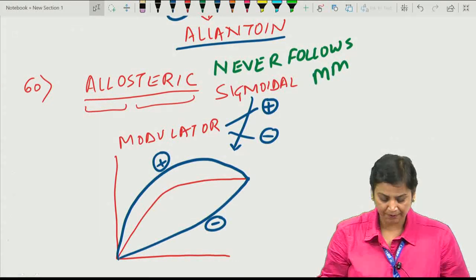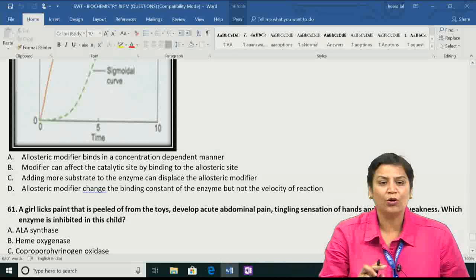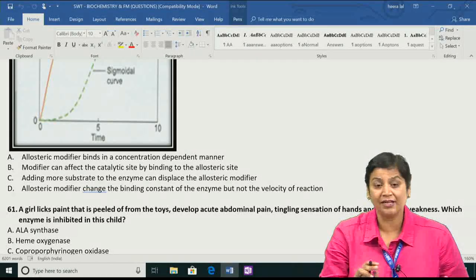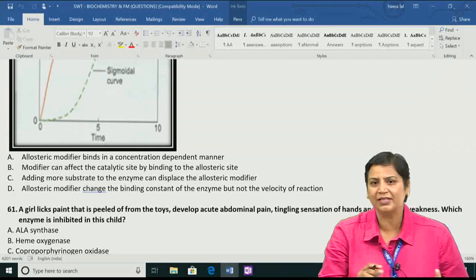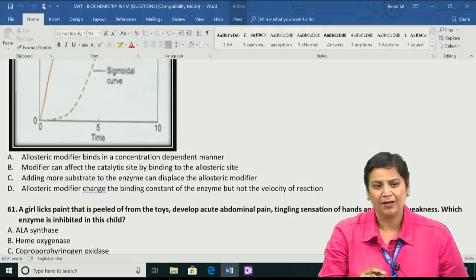What are the options? Allosteric modifier binds in a concentration dependent manner. Modifier can affect the catalytic site by binding to the allosteric site. Yes, whenever this modulator binds to a site altogether different from the active site, obviously, enzyme is nothing but a protein, and when a modulator binds, it is going to alter the conformation of that protein.